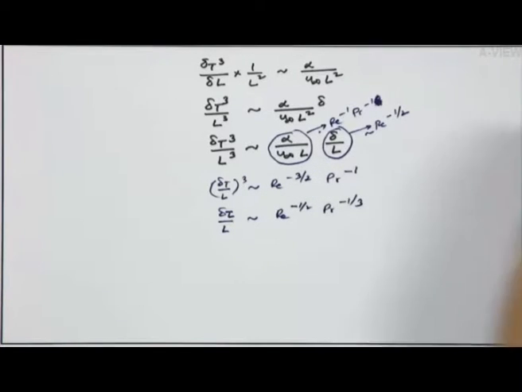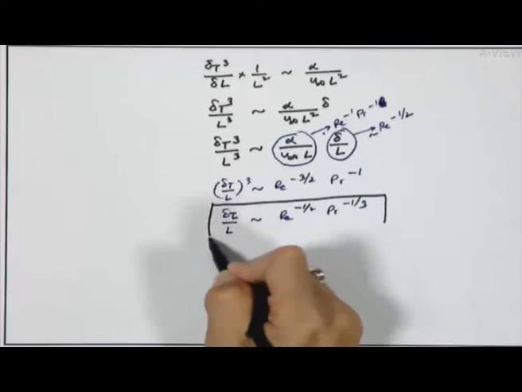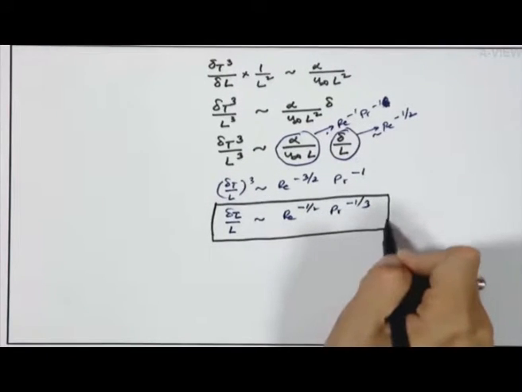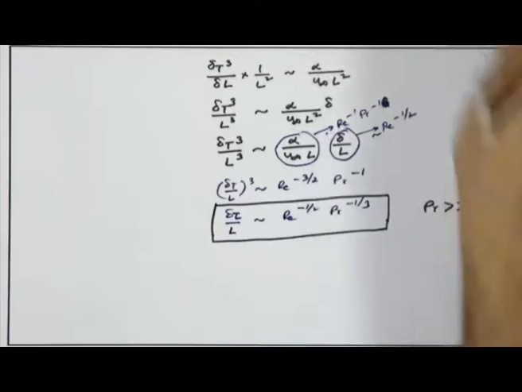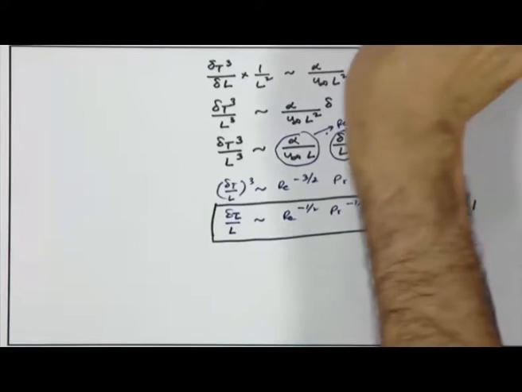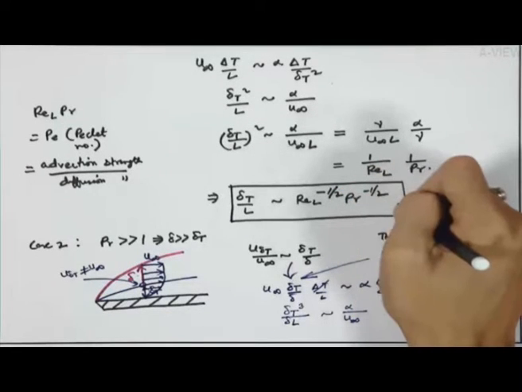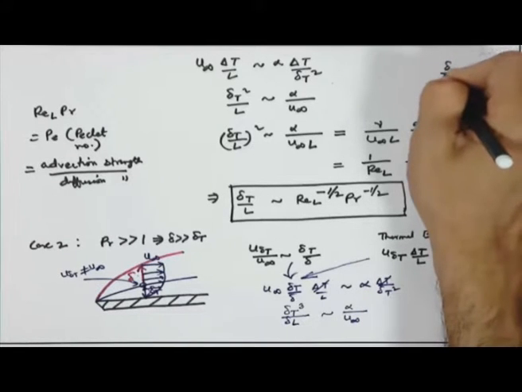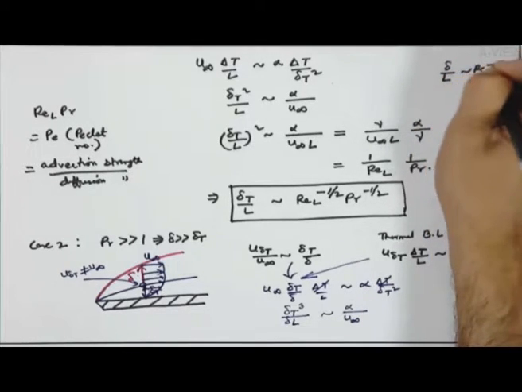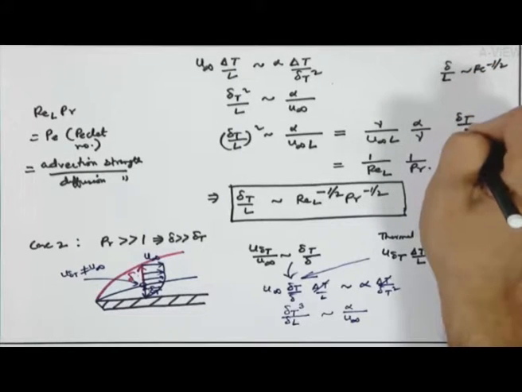So, we can write this as the expression for Prandtl number much greater than 1. One interesting thing: for Prandtl number much less than 1, you see the delta T by L expression was this, and what is delta by L? Delta by L does not depend on Prandtl number, delta by L is of the order of Reynolds number to the power minus half. So, what is delta T by delta?